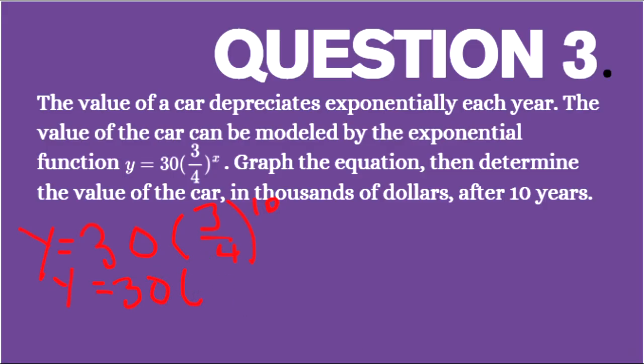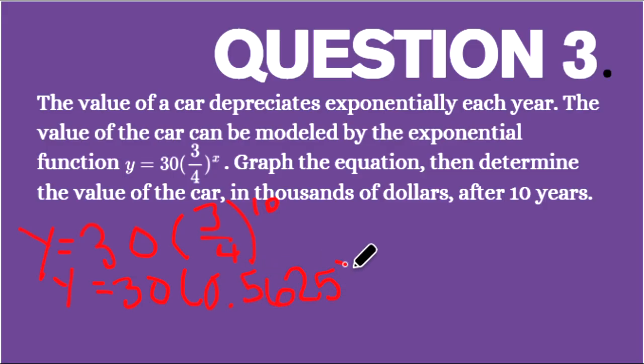All right, so let's go. 0.75. There's 1, 2, 3, 4, 5, 6, 7, 8, 9, 10. I'm pretty sure I screwed this up, but we're going to say 0.5625.